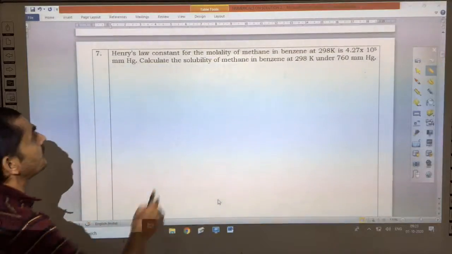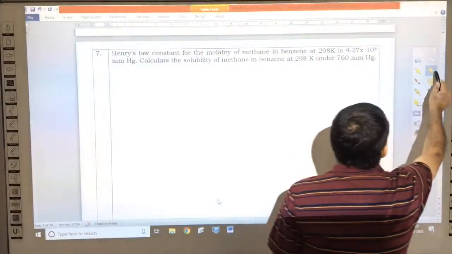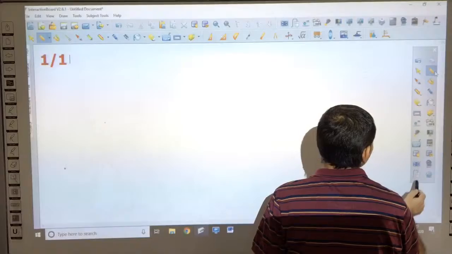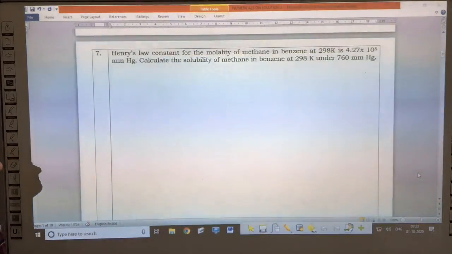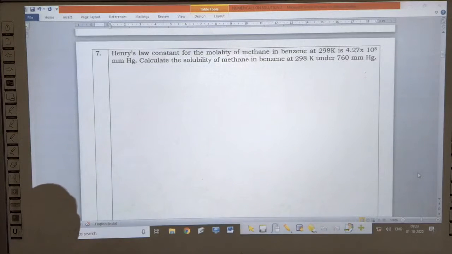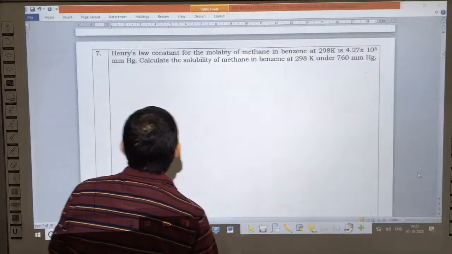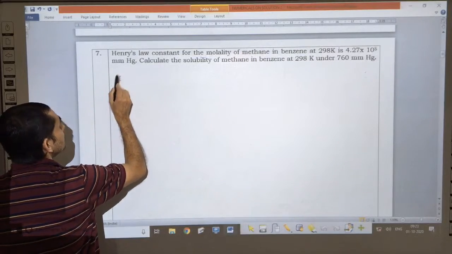Henry's law constant for molality of methane in benzene at 298 Kelvin is this. Calculate the solubility of methane in benzene. You have to calculate methane solubility in benzene. Henry's law constant for molality. Okay, then from Henry's law.